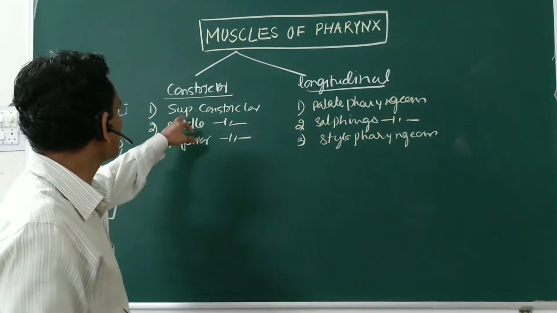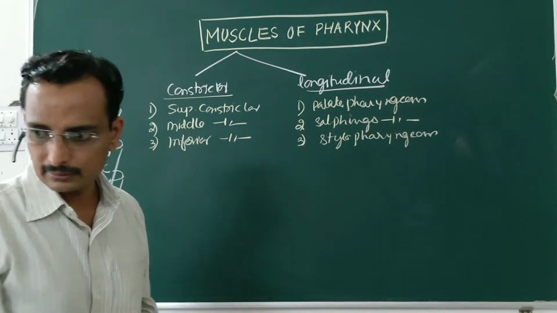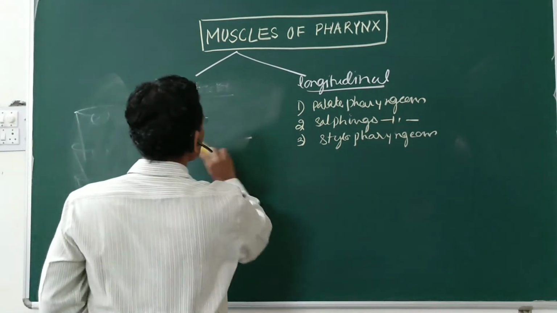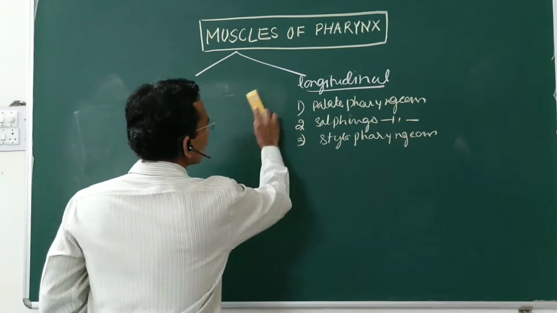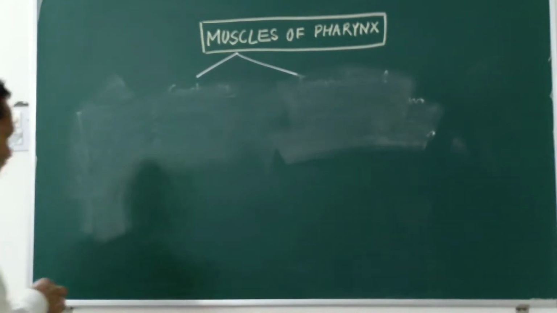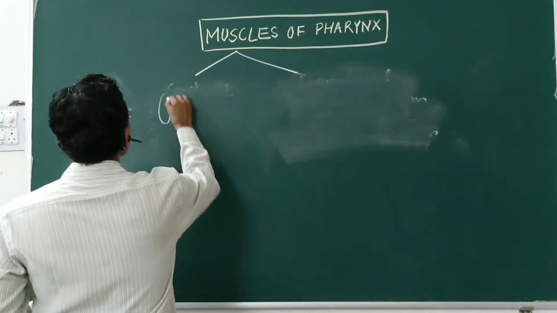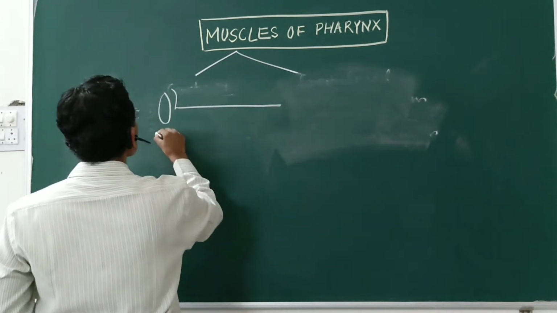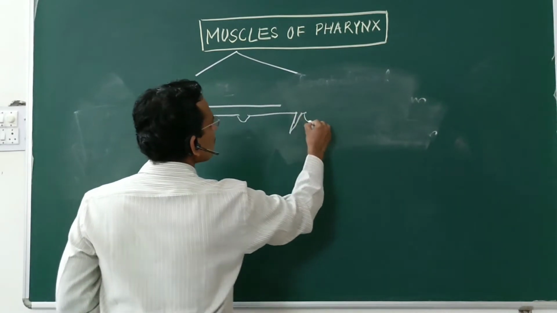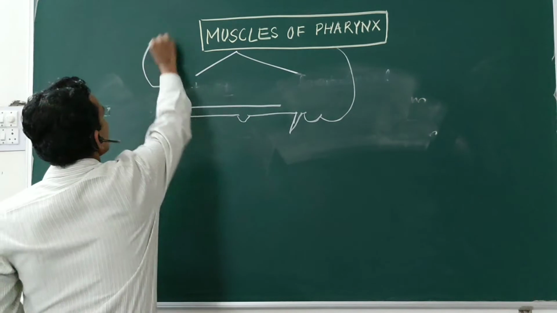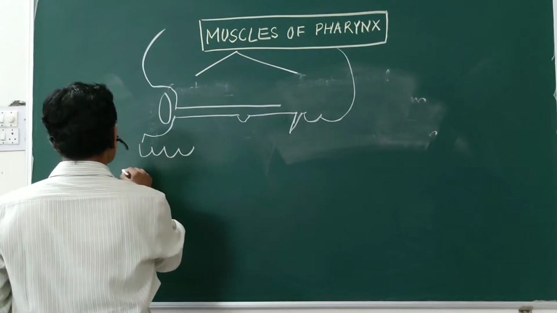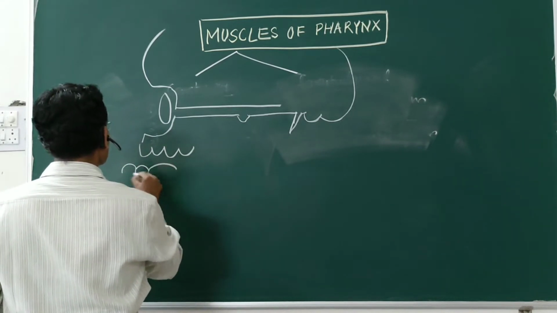Let's see the constrictor muscles, their origin and insertion, in detail. This is the orbit and this is the zygomatic arch. This is the pharyngeal tubercle. This is the styloid process, this is the mastoid process, and this is obviously the skull. Here is your upper jaw and here is your lower jaw.